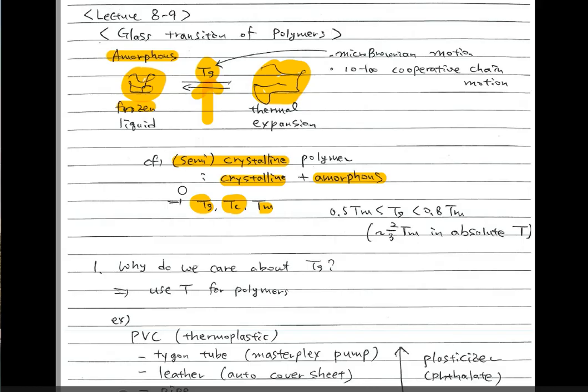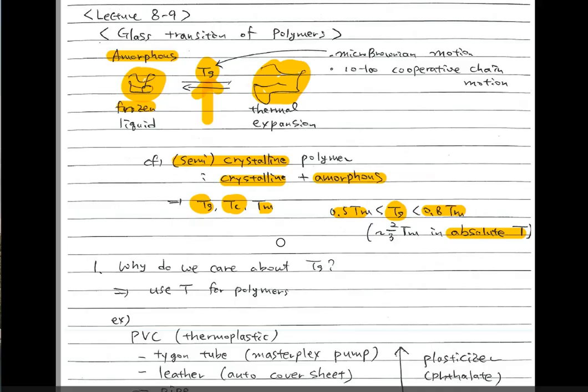And if you compare the melting and glass transition temperatures, generally for many of the polymers, the glass transition temperature is between like 0.5 and 0.8 of the melting temperature in absolute temperature scale, about like 2/3 of the melting temperature. So up to here, we learned that amorphous polymers have glass transition temperatures.